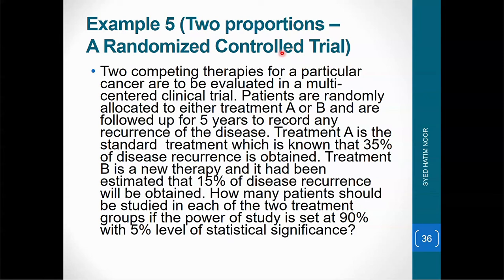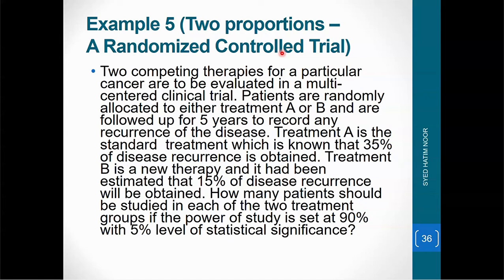In the literature it is mentioned that by using treatment A, there will be 35% disease recurrence. But treatment B is a new therapy, so of course you will estimate the disease recurrence a bit lower.